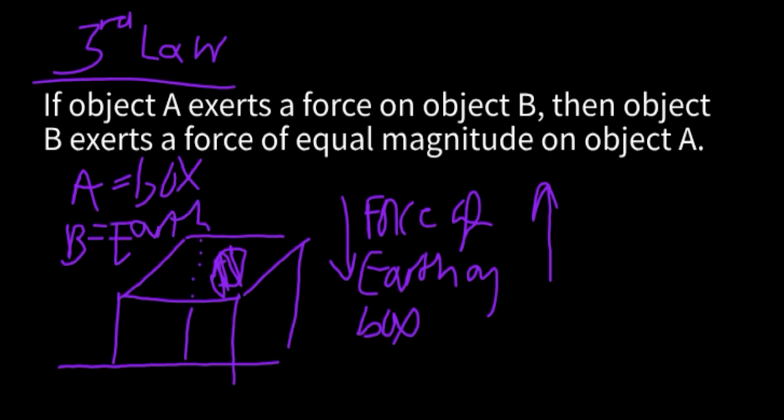So if A is exerting a force on B, that would be the box exerting a force on the earth. And in response to that, the earth is exerting a force on the box. Or you can think about it the other way around. You could think the earth is exerting a force on the box, so the box is exerting a force on the earth. So the reaction force is actually the force of the box on earth.